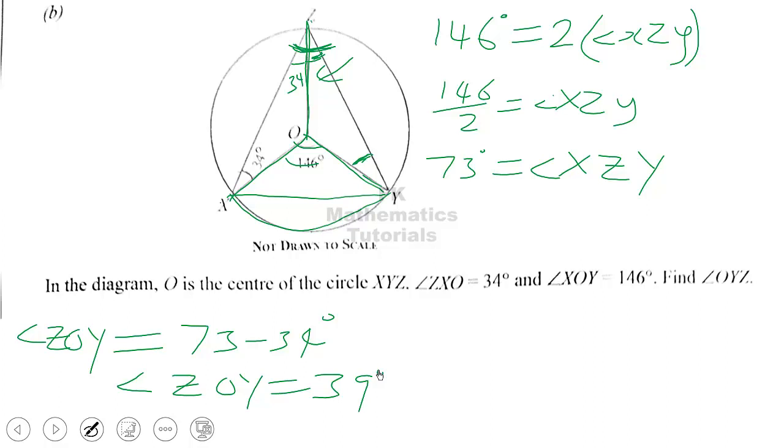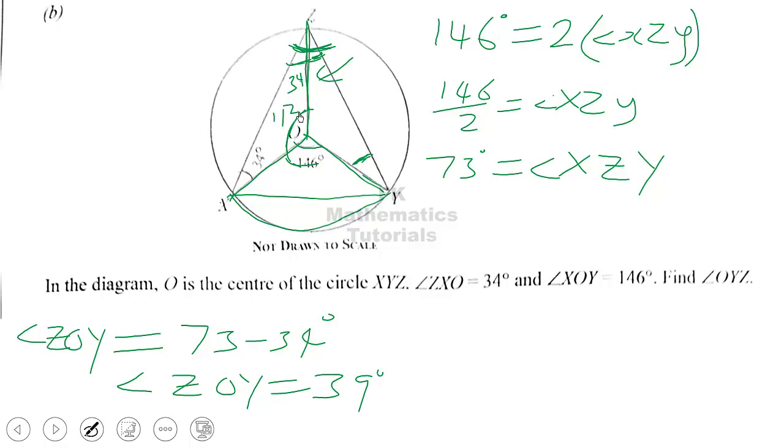There's another way you can do it. Using this angle 34, you can find this angle over here, which is 180 minus 34 minus 34, that is 112.